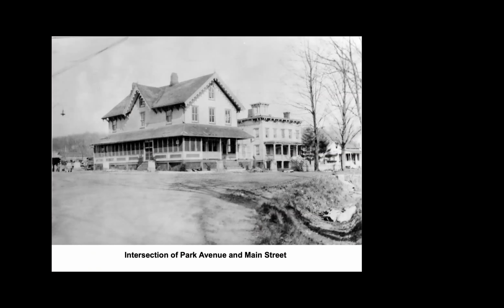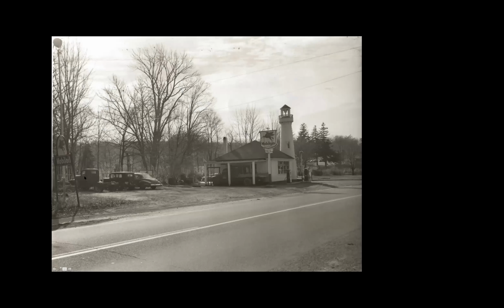You can see where Main Street, which way do you go? Does the Main Street go to the right, which would be Park Avenue, or does it turn left and go to Northport? And you can see it was rather confusing at that point. But at some point, the structure, the hotel and the store was torn down in the early 1920s, and this was the first gas station that was put up there, the Lighthouse gas station that stood for many years.